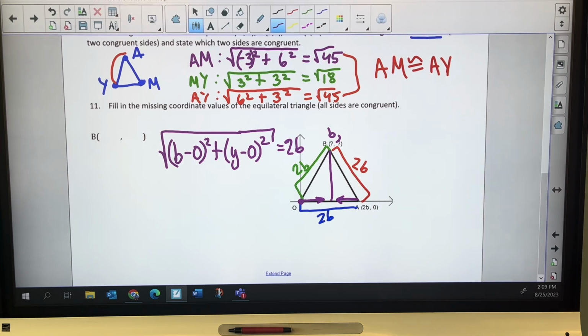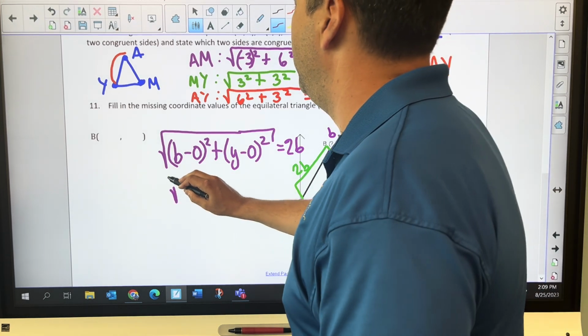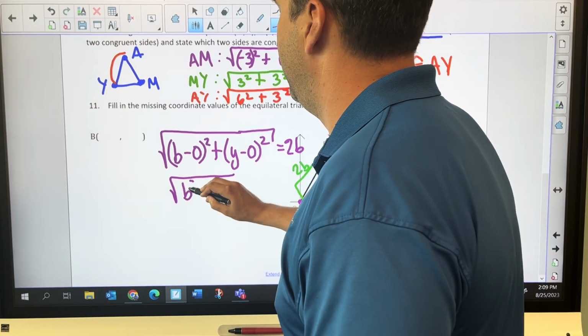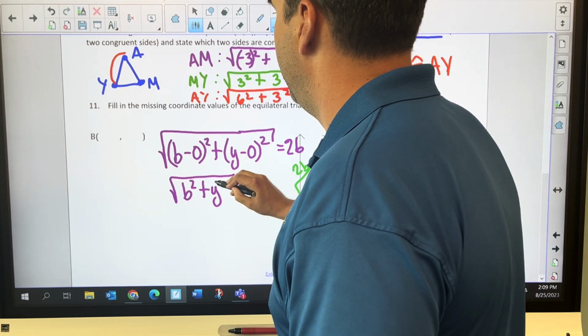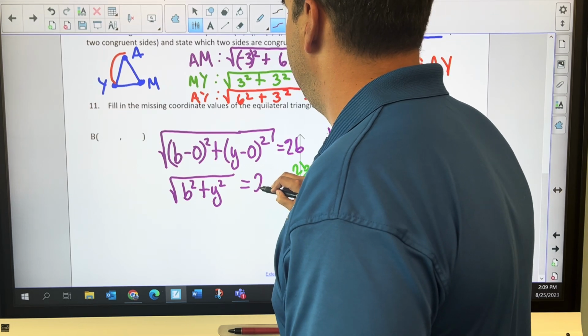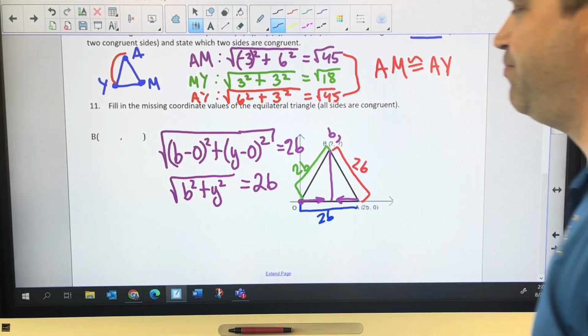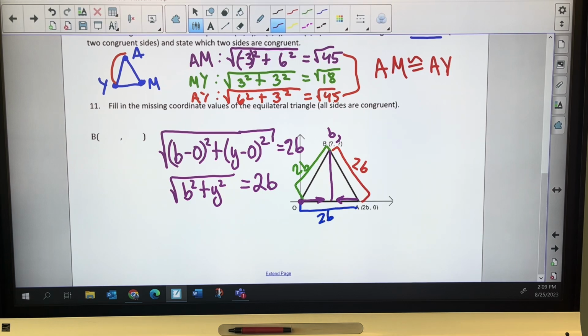I've got to simplify. Because of those zeros, this math is a little bit easier, but we end up with the square root of b squared plus y squared is equal to 2b. I can do a little bit of math here.